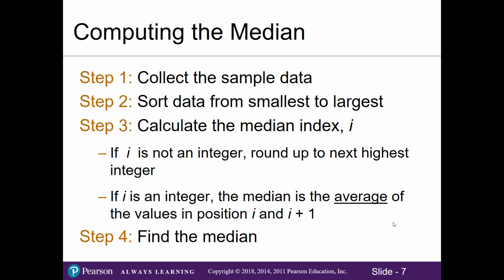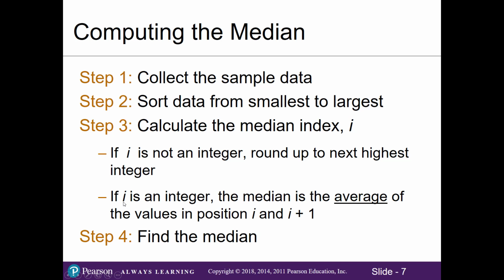We're taking our sample, ordering it, and cutting it in half and finding that midpoint. So step 1, we'll collect our sample data. In step 2, we'll organize it from small to large. Step 3, we'll use that formula on the last slide to calculate our median index of I. And then, depending on what I turns out to be, if our index is not an integer, meaning it's not a whole number, we round up.